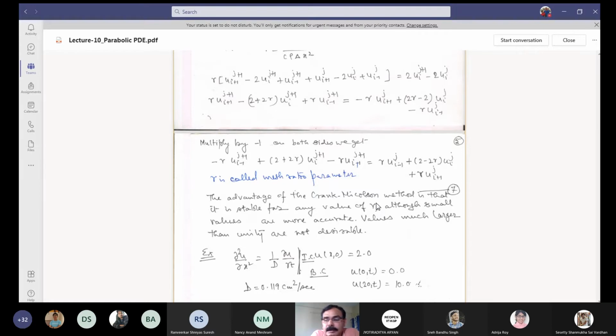That convergence theorem is not in your course, so I'm not going to do it, even though the proof is done in this slide. It is not required at this moment. Earlier, I used to teach that. So this is the advantage: it is stable for all values of r.